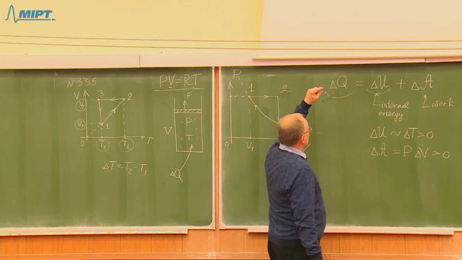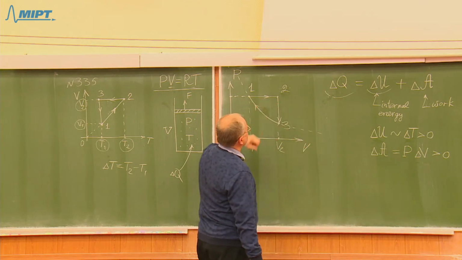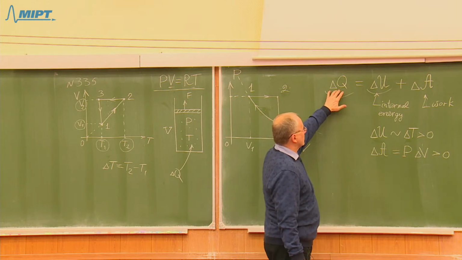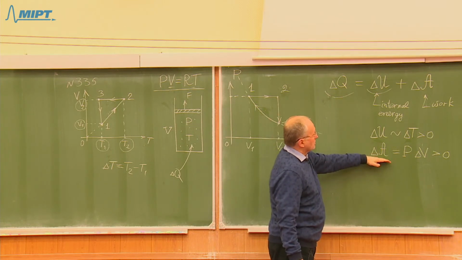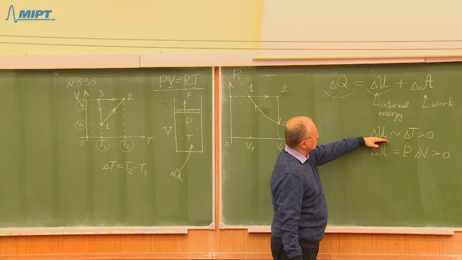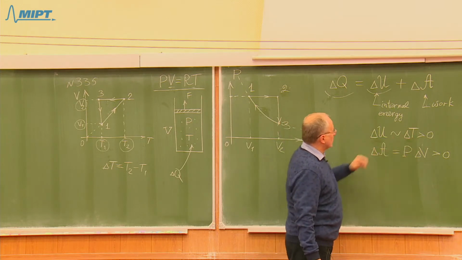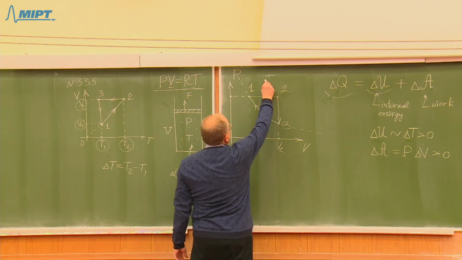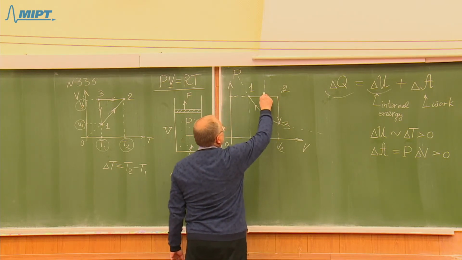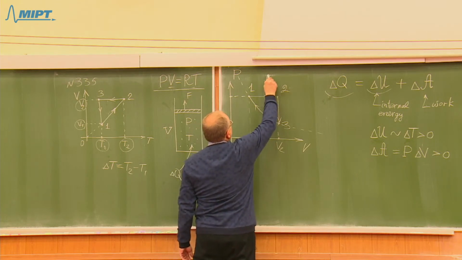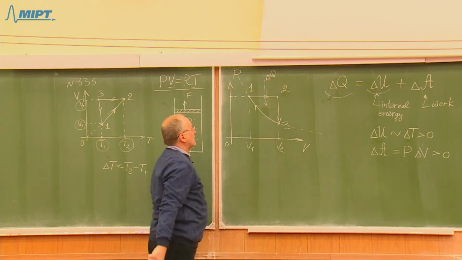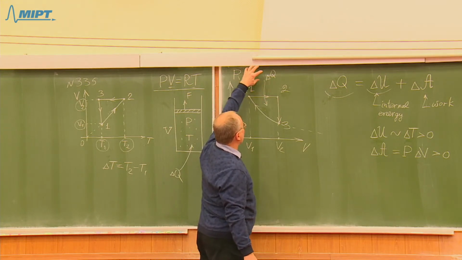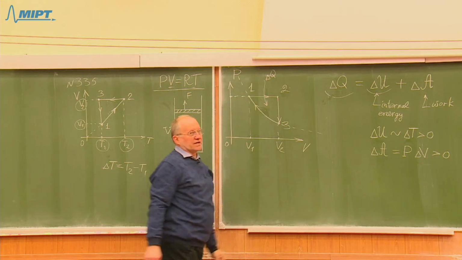It must be given to this gas. Some energy must be given to the gas so that the gas could perform some work and the internal energy could be increased. So during process 1, 2, some external energy, which is heat energy, is given to the gas. And the direction of heat energy flow is from the outside bodies to the gas.